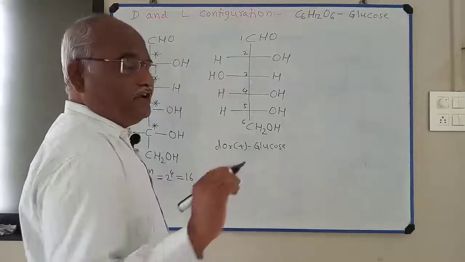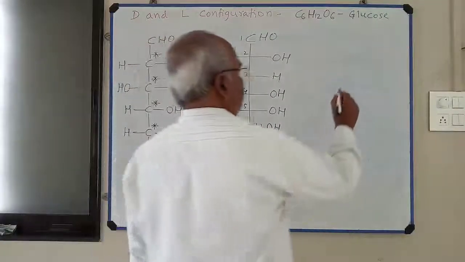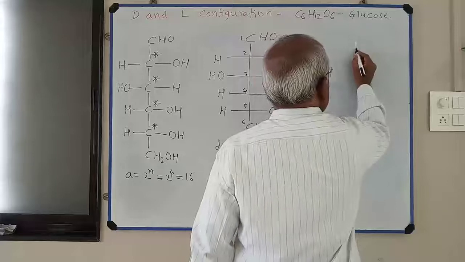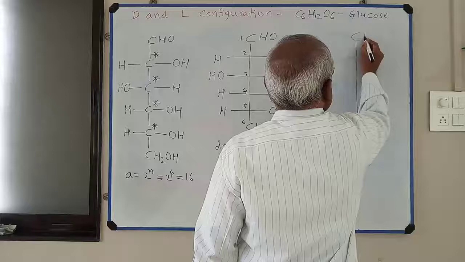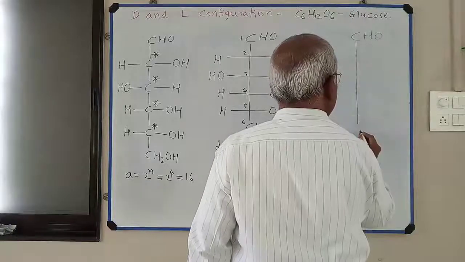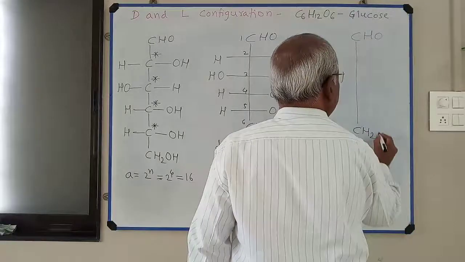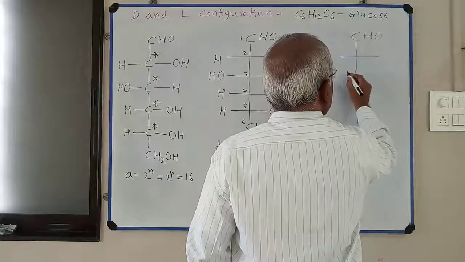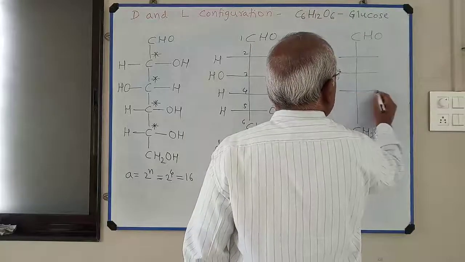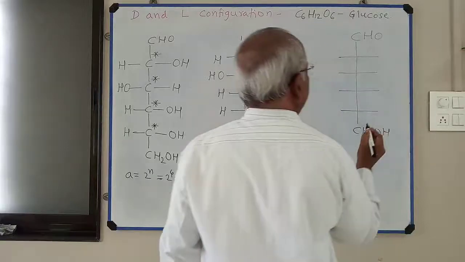I represent its mirror image. This is a straight line. Here is the CHO group. Here is the CH2OH group. Second carbon, third, fourth and fifth.